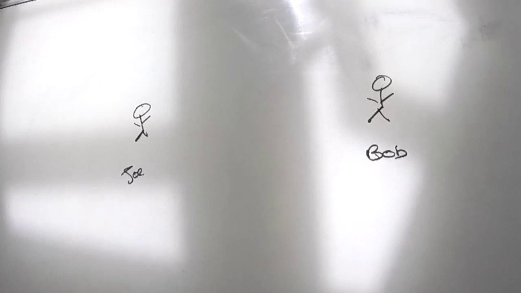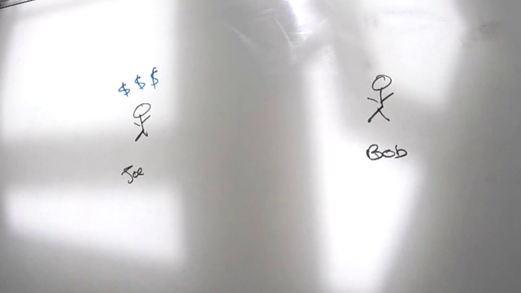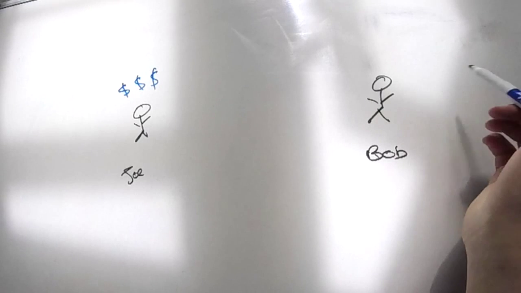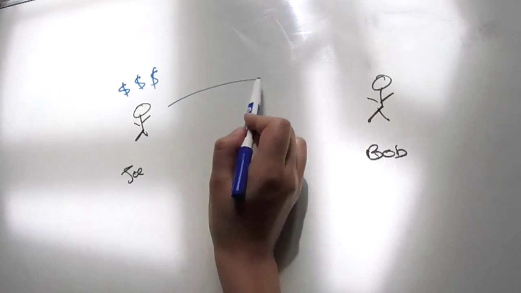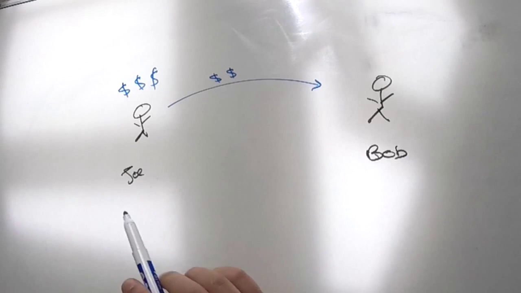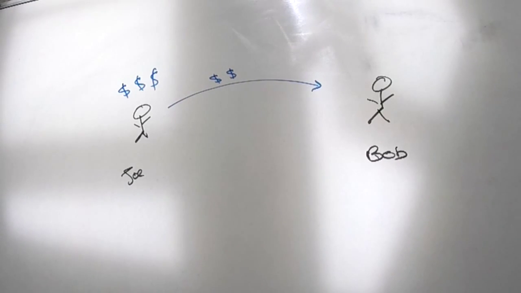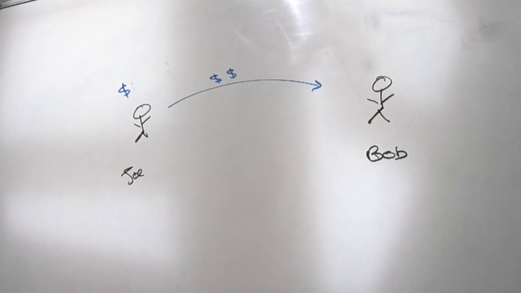Now, Joe has $3, and Bob has none. He's broke. And so Joe decides to be a good friend and gives his friend Bob $2. So Bob is excited, but now Joe only has $1 and Bob has 2.